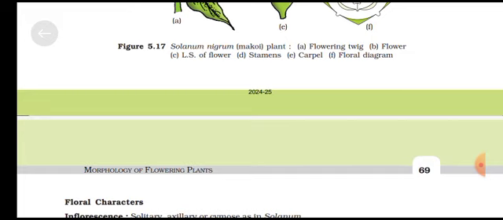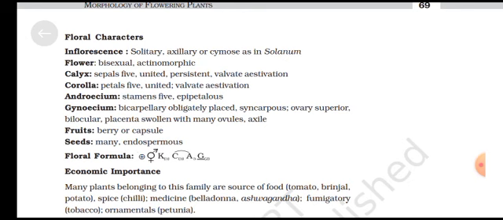Solanum nigrum, makoy plant, is the scientific name. Floral characters. Inflorescence solitary, axillary or cymose as in Solanum. Flowers bisexual, actinomorphic.